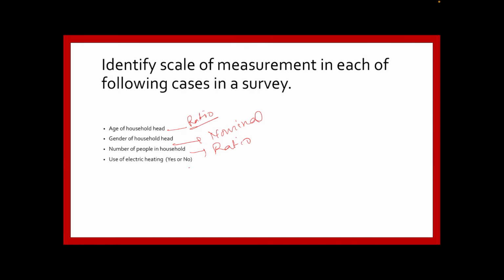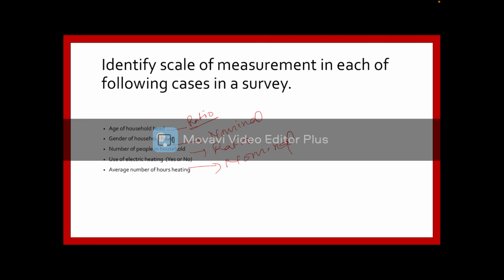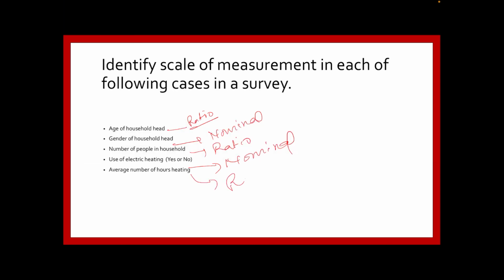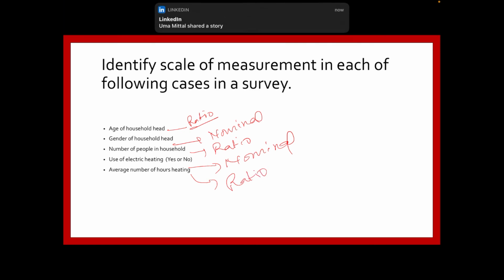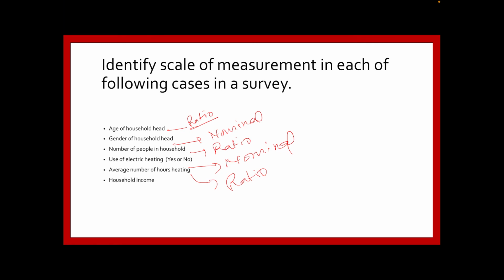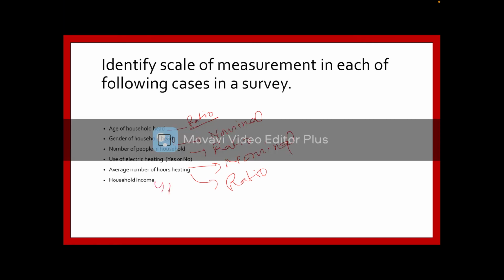Use of electric heating, yes or no, only levels are there, so it could be nominal, right? Average number of hours of heating, suppose this is a question in a survey about electric heating. So number of hours is absolutely a ratio, continuous variable. Then household income, again ratio.